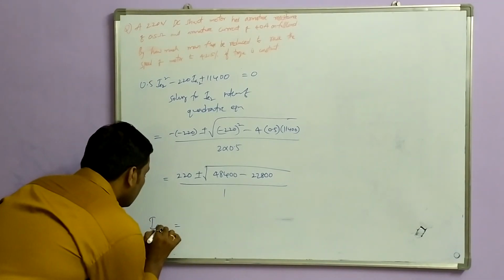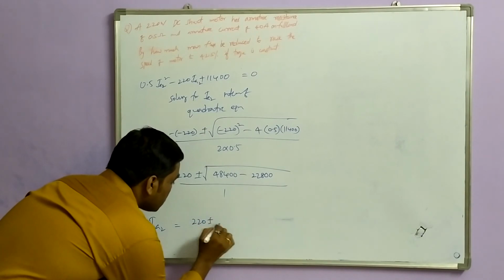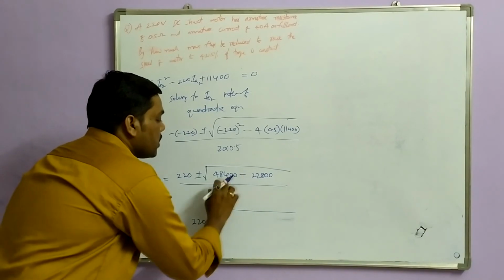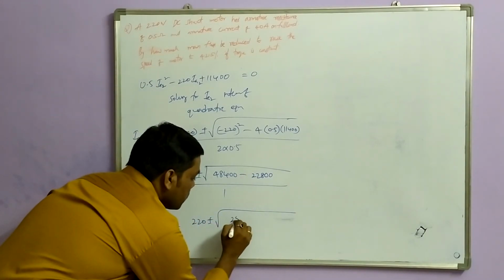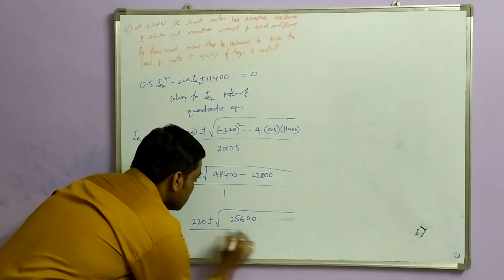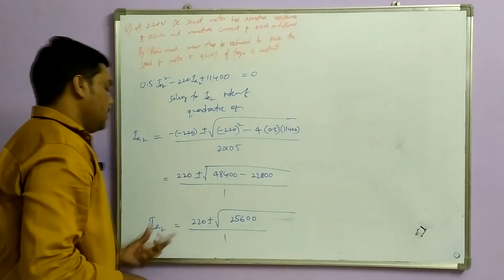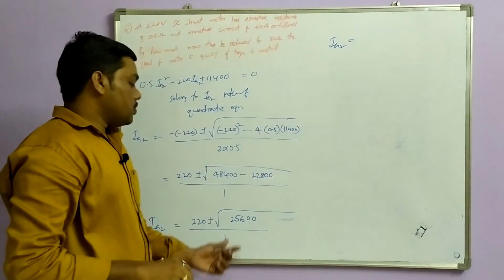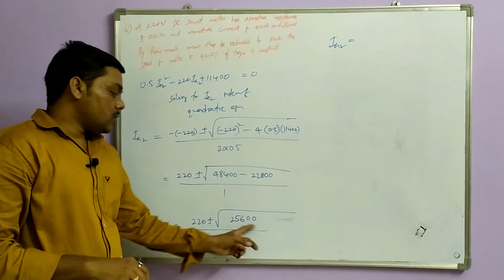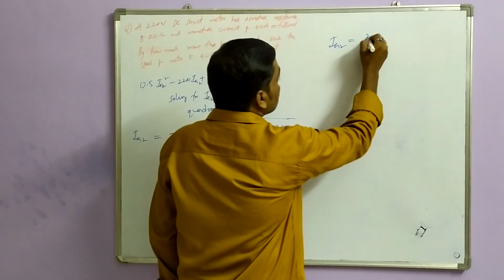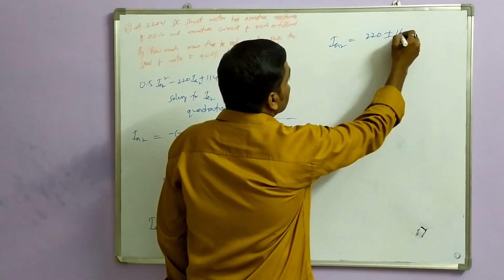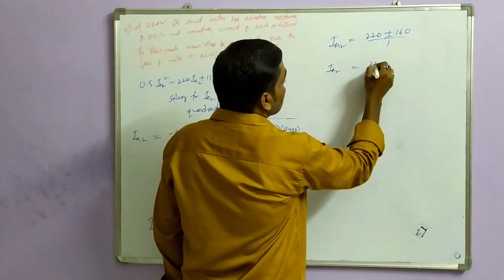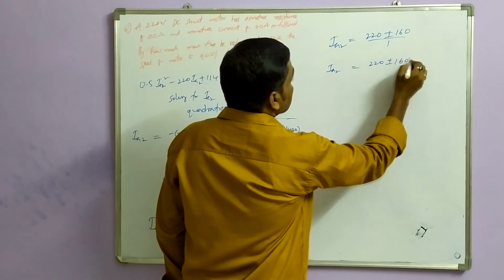Now Ia2 is equal to 220 plus or minus the root of 48400 minus 22800, which is 25600, divided by 1. We know that 256 is 16 square, so double zero gives single zero. So Ia2 is 220 plus or minus 160.